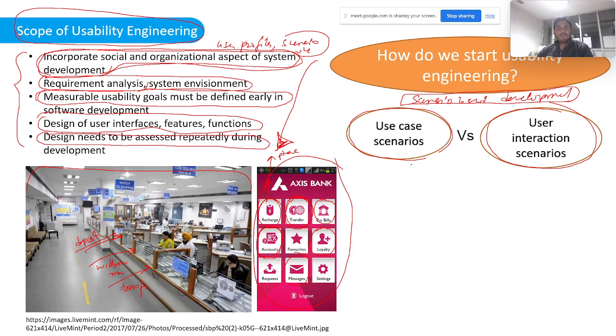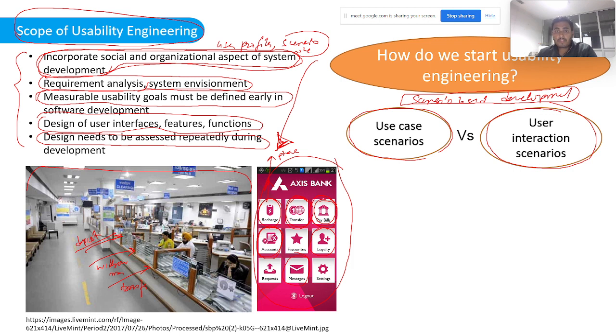Use case scenarios come into the picture when we are trying to develop an application having all possible functionalities. It's a more generic term used to define various operations, various activities that have to be there in a banking application.